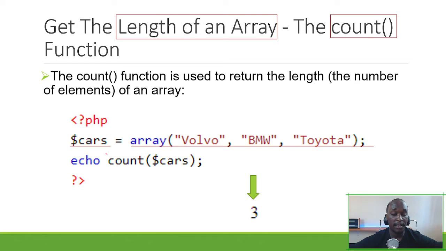Then we simply use the count function, and we give it the array cars. If we echo it, it's going to give us 3, because this array has 3 values. That's what we call the size of the array, or the length of the array.